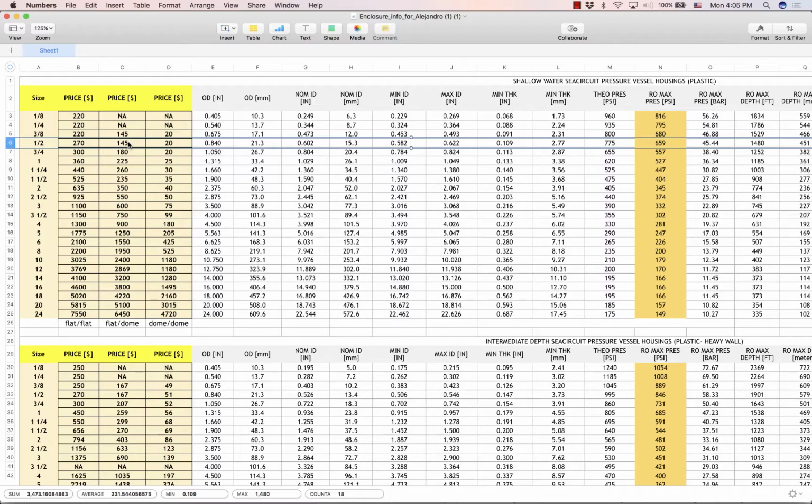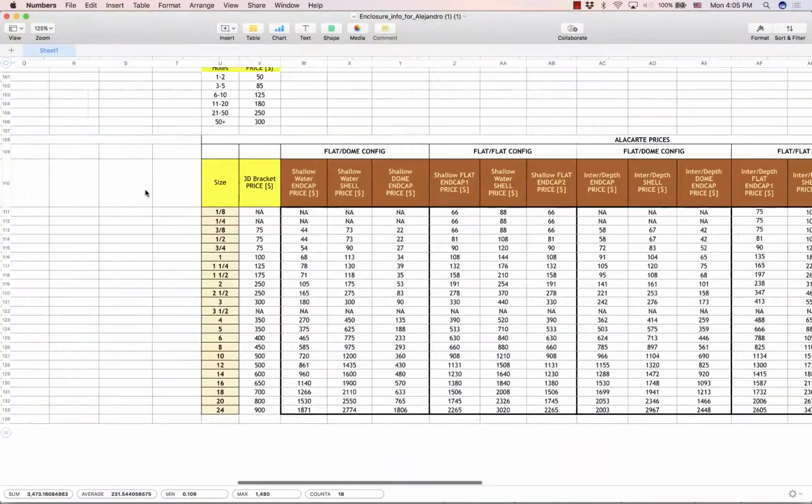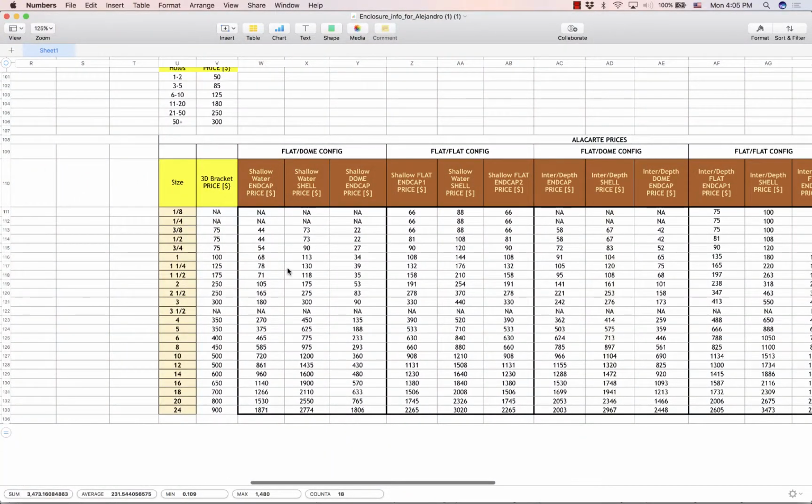I'm not sure why, but I think the easier way to figure out the price is following this table, because you have it divided by products. The price of the end cap 1, price of the shell, and price of the end cap 2. And then if they add a bracket, that will be optional. That will be the price.